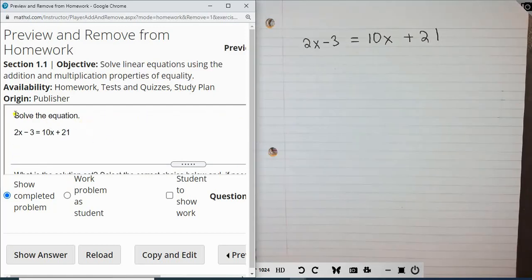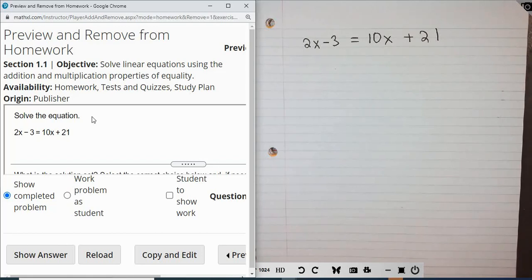All right, so this next one will say to solve the equation. I got it written out already. Remember the idea when you solve equations is to isolate the variable to one side and the constants to the other side, combine any like terms, and then the final thing would be to divide or multiply by the coefficient of x to get our solution.